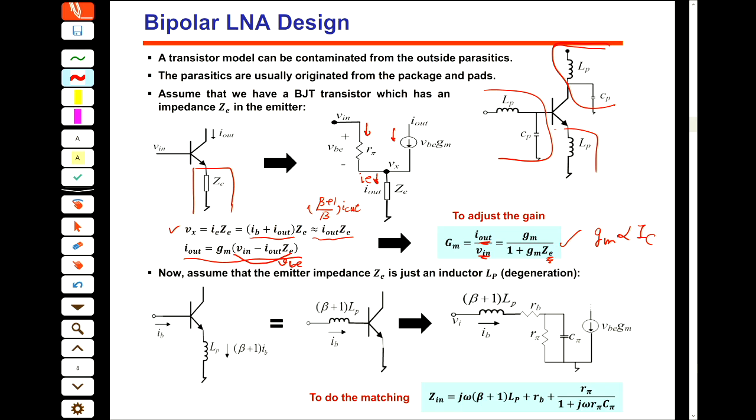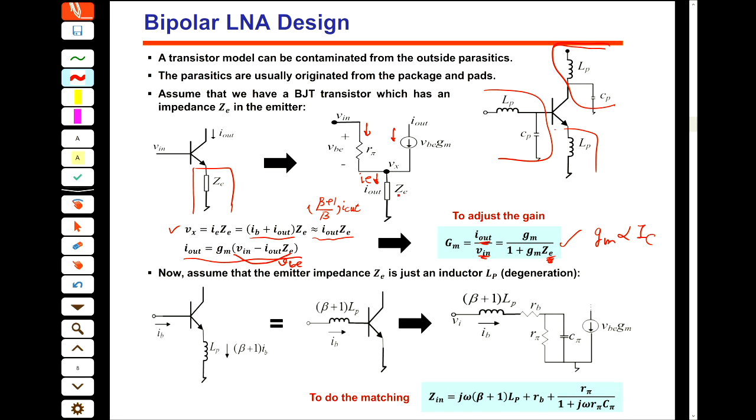Then you can detect objects, for example, at half the distance from your radar. So to decrease the dependency of the gain of your amplifier on temperature, we can add a ZE, and then you see that the dependence is reduced by 1 plus GMZE. This is the impression.